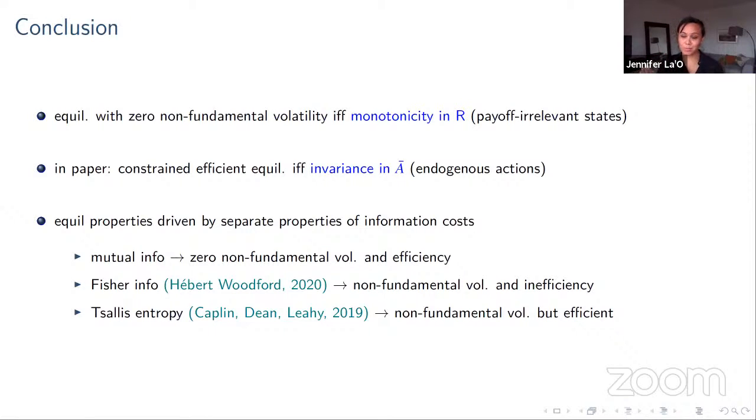For that reason, people pay attention to them because they're cheaper to acquire than information about S itself. But I'm not sure if that answers the question about what's more empirically relevant.